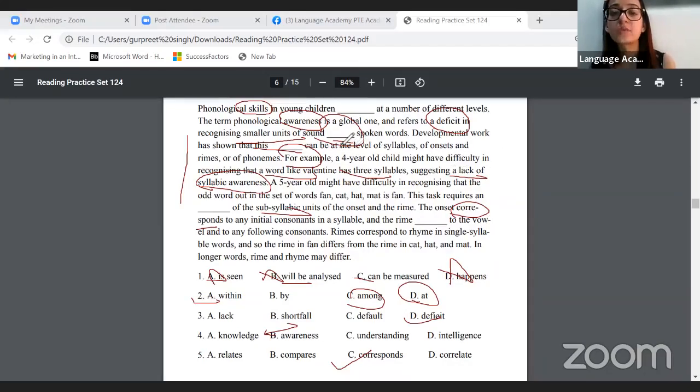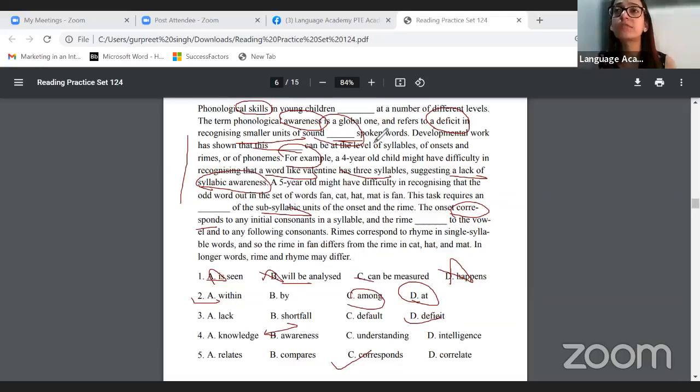The second one is "within", because what does the example say? Recognizing smaller units of sound within the spoken words means how many sounds do we have in a spoken word or in the spoken words. It's not that you have to find out the sounds among. Among means out of the 5 words you have to identify the sounds. No, you have to identify the sounds in every word, that is within.